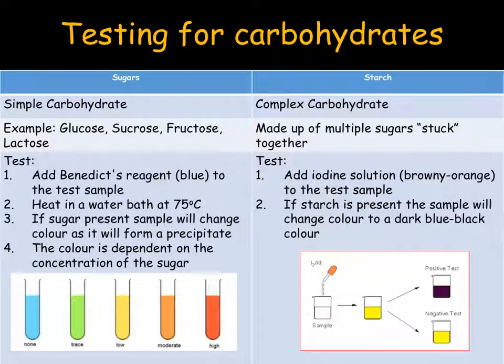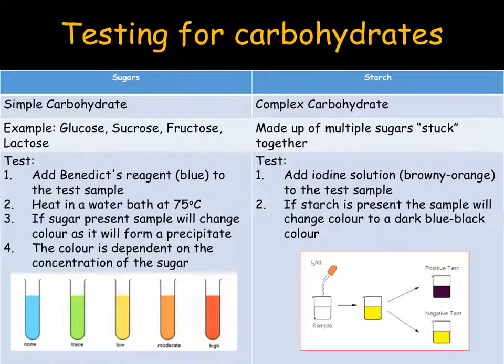For more complex carbohydrates, which are made up of multiple sugars stuck together, for example starch, we need to know a second test. First of all, we add iodine solution, which is a browny orange colour, to the test sample. Iodine solution is iodine dissolved in potassium iodide solution.